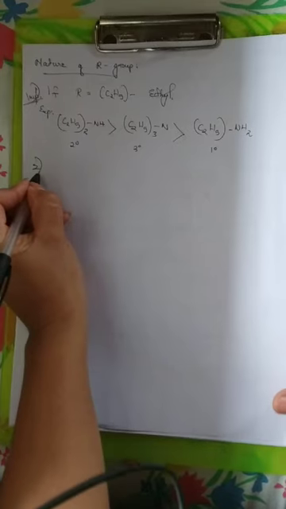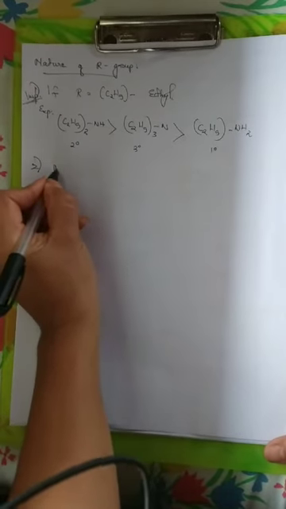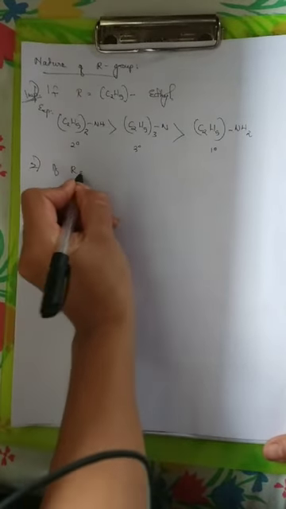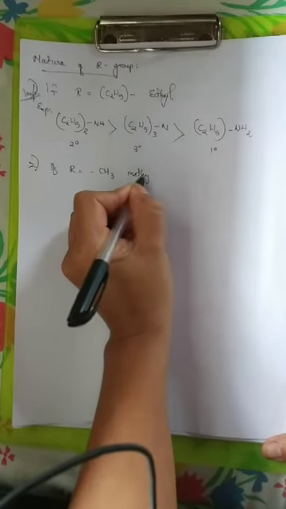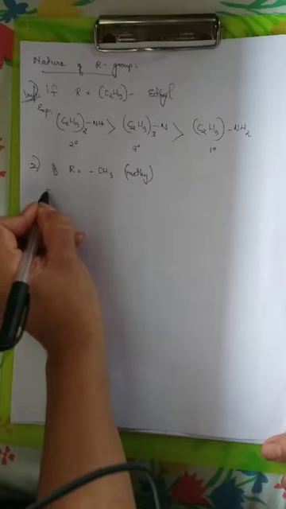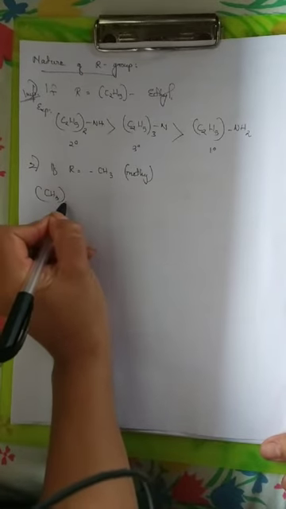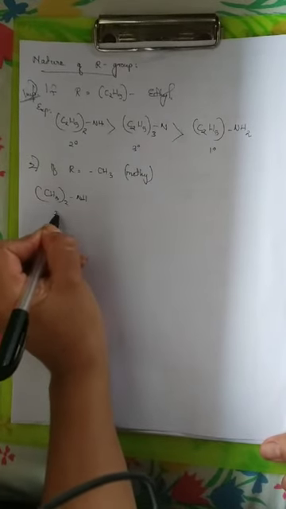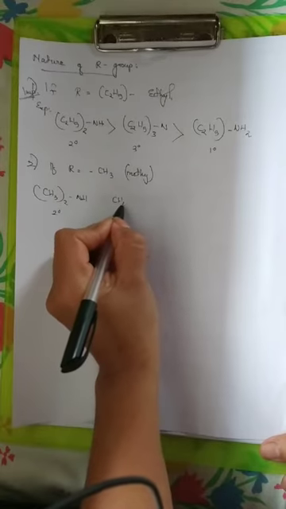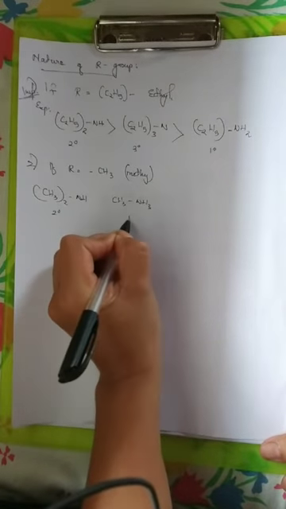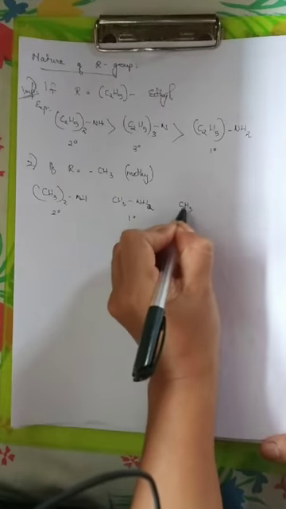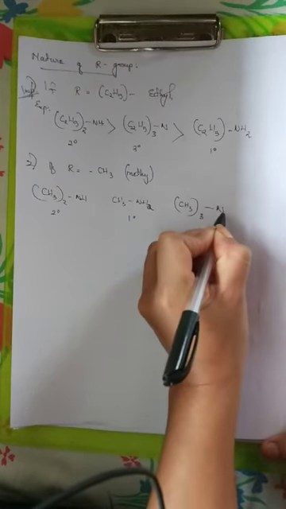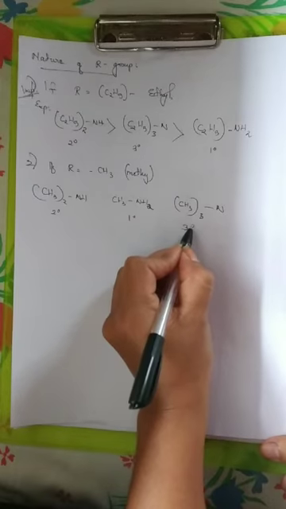Now, the second condition: if R is a methyl group, CH3. This is a secondary amine, a primary amine, and this is our tertiary amine.